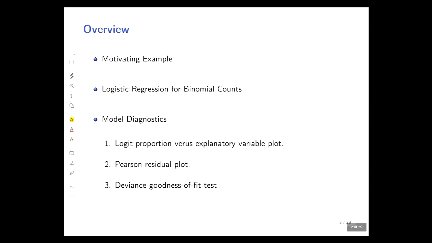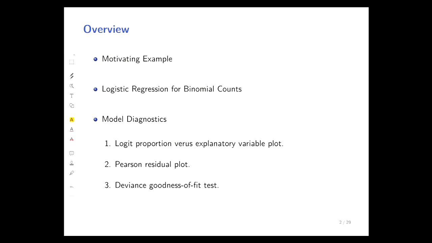Firstly, we are going to give a motivating example. I think you should be very familiar with the example. It is about advertising and promotion, which comes from the binary logistic regression model. Then we are going to talk about the logistic regression model for binomial counts.